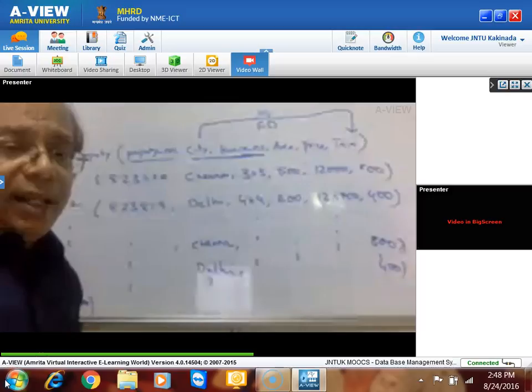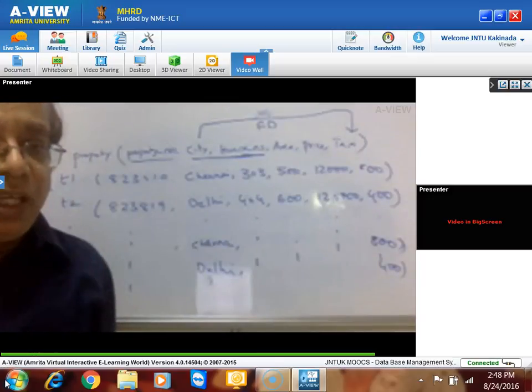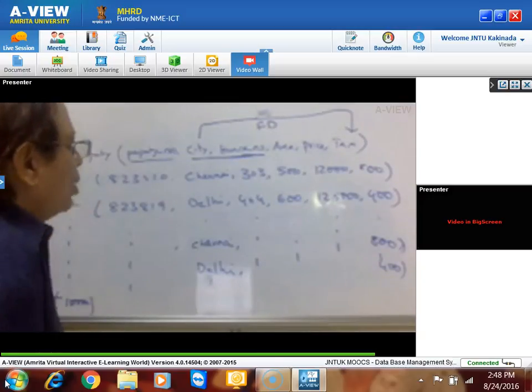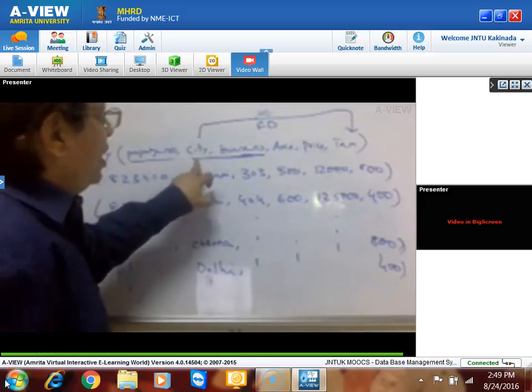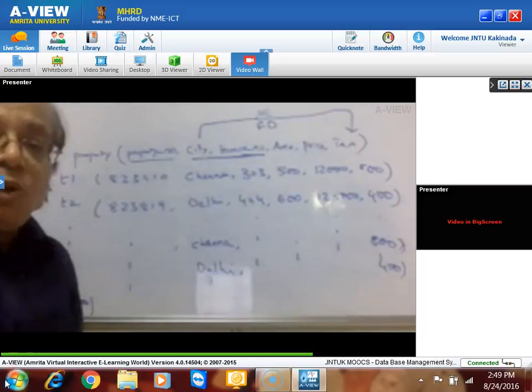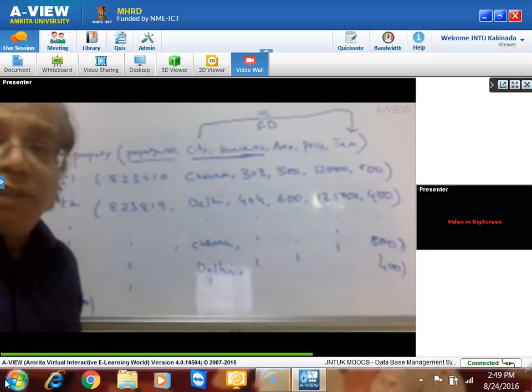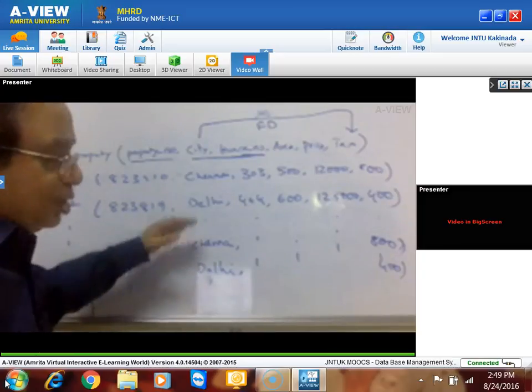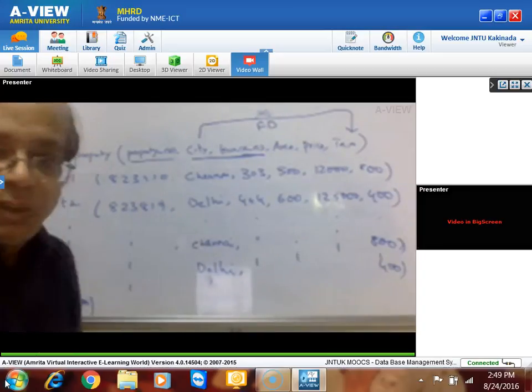Now can somebody tell me what will be the problem in this relationship, because there is a functional dependency between city and tax? What are the likely problems I will face if I capture my data into the system like this?